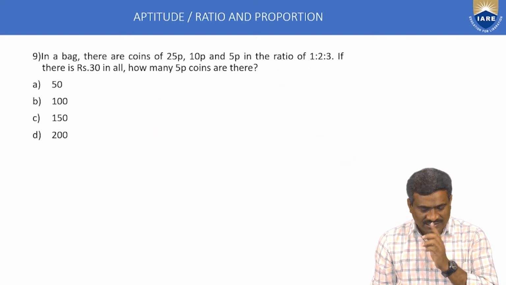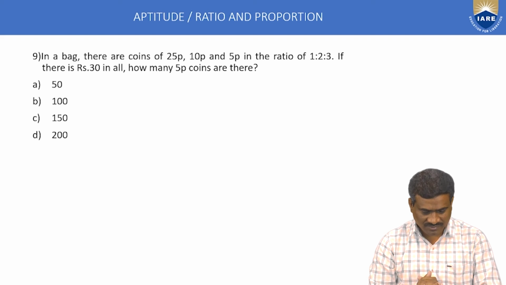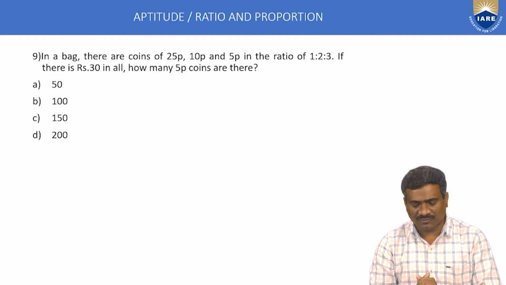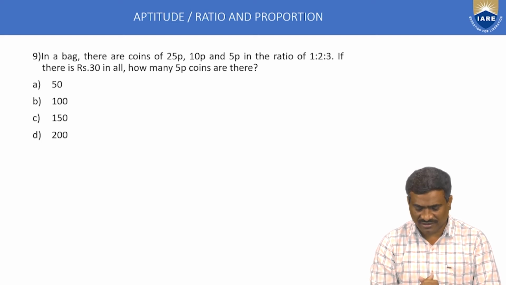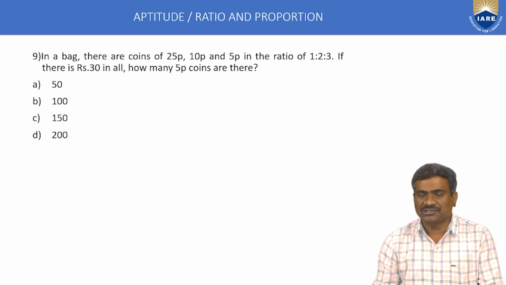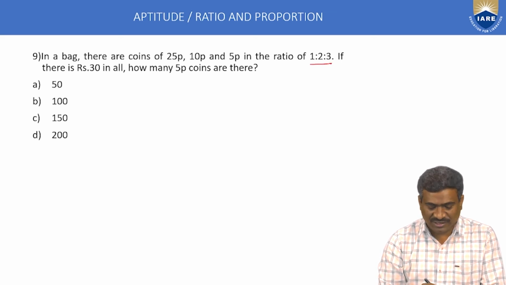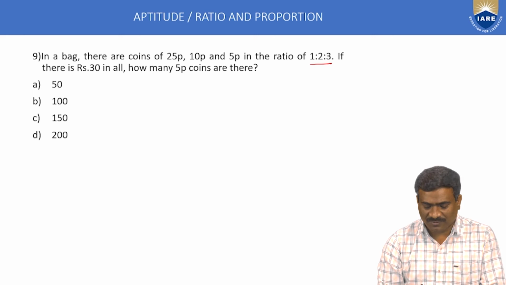Next, ninth example. In a bag, there are coins of 25 paisa, 10 paisa and 5 paisa in the ratio of 1:2:3. This is called denomination in the ratio 1:2:3. If there is rupees 30 in all, how many 5 paisa coins are there?